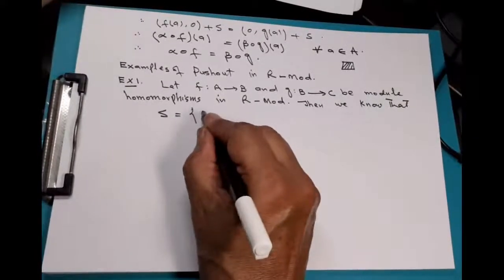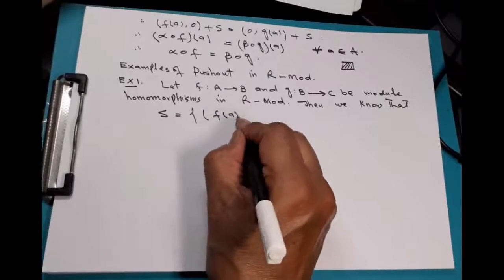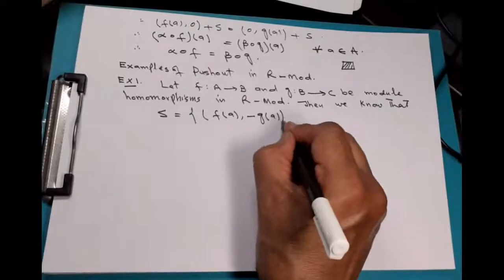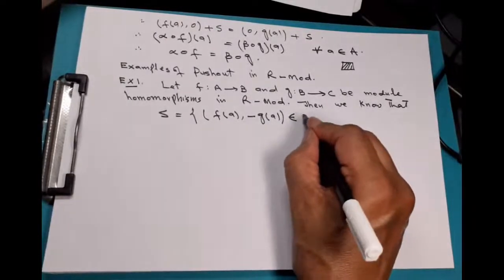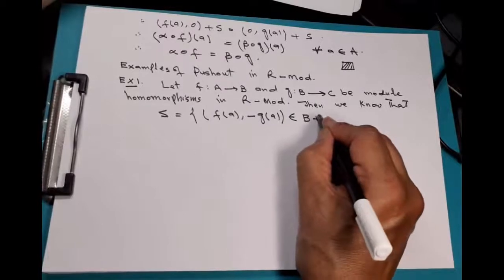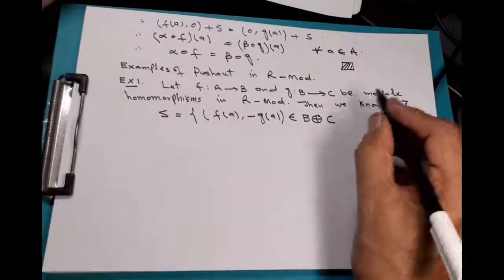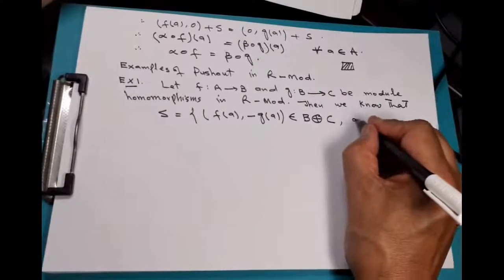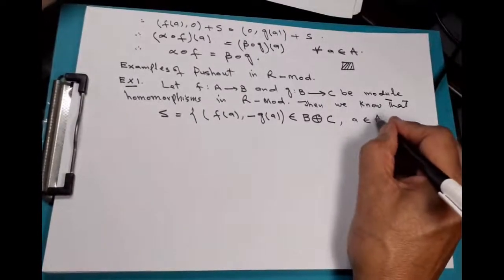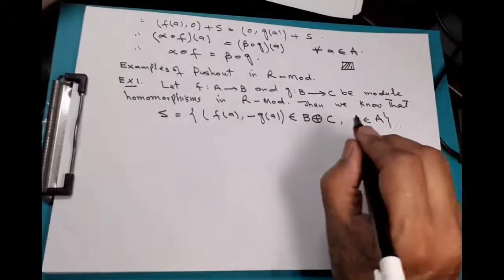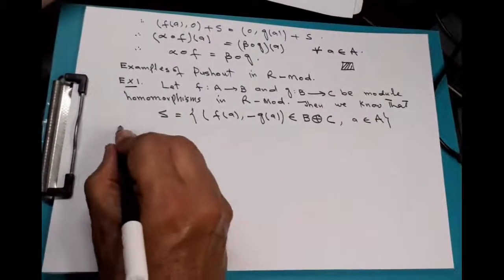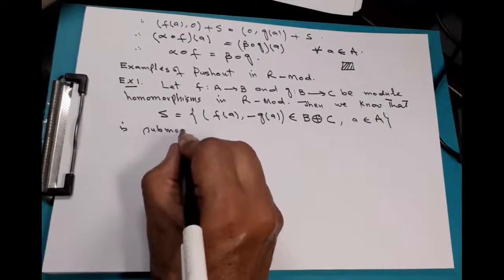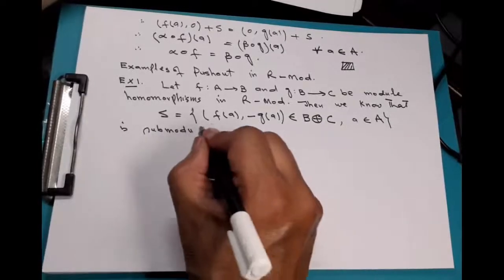This is equal to the set of ordered pairs Fa, minus Ga belonging to the direct sum or co-product of B and C, for a belonging to A. This is a submodule of the direct sum B plus C; we have commented about this in our previous case.